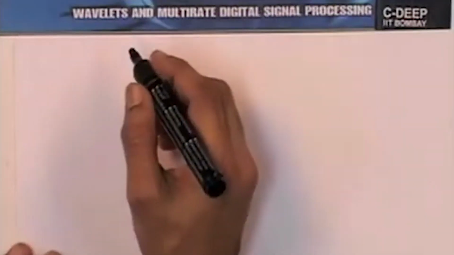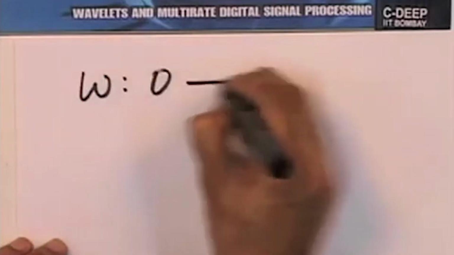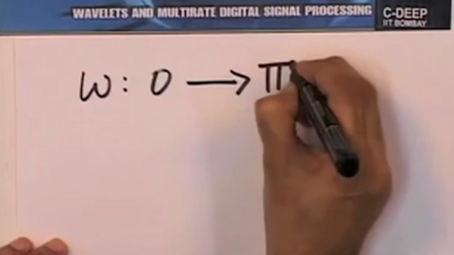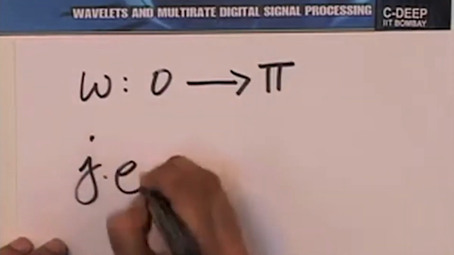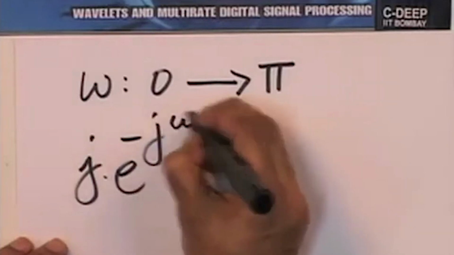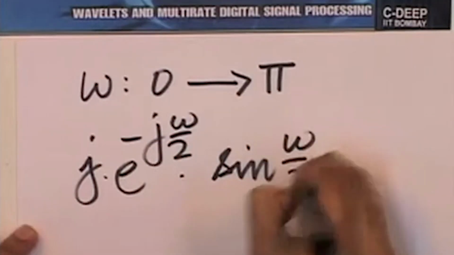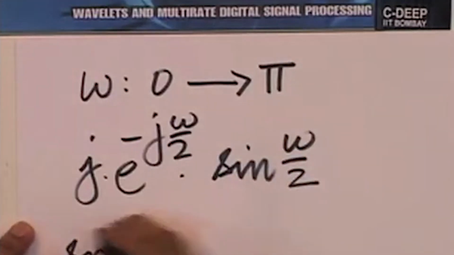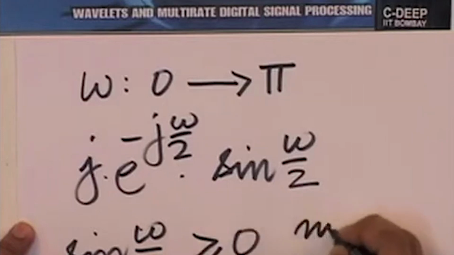Remember, we are going to have conjugate symmetry. So, let us consider omega from 0 to pi, and let us look at the frequency response expression j e raised to the power minus j omega by 2 times sin omega by 2. Sin omega by 2 is non-negative, so no phase contribution here.